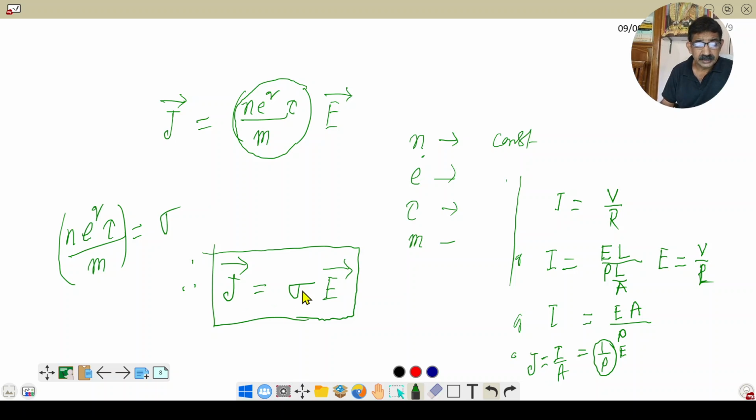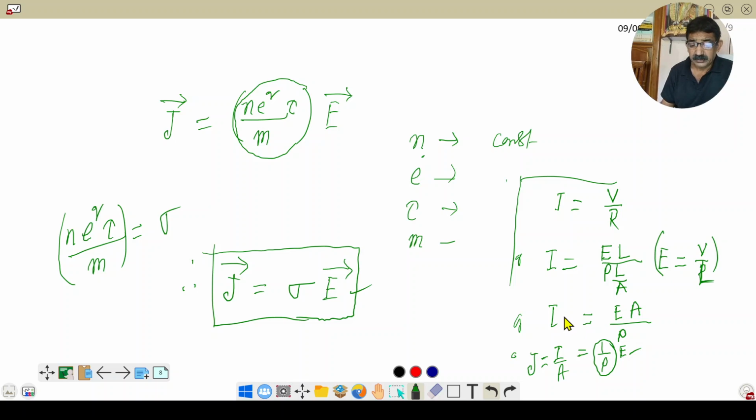From this equation, J is equal to sigma into E, and here J is equal to 1 by rho into E. From the known form of Ohm's law, I is equal to V by R, V is equal to EL, R is equal to rho L by A, and we have the relation E is equal to V by L.